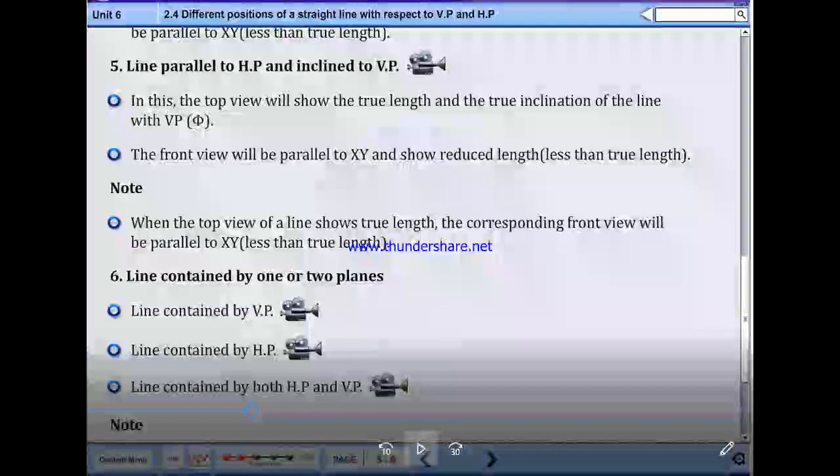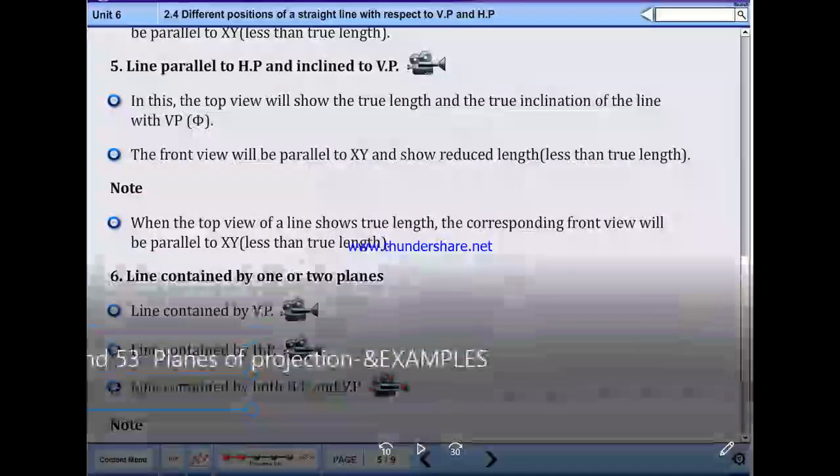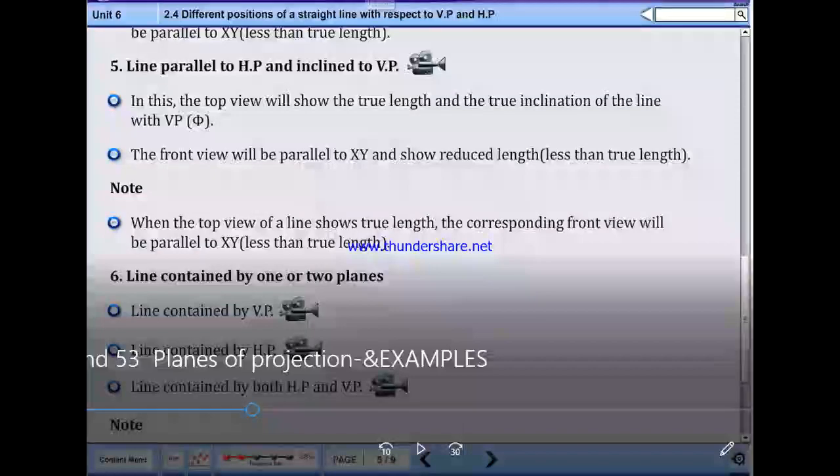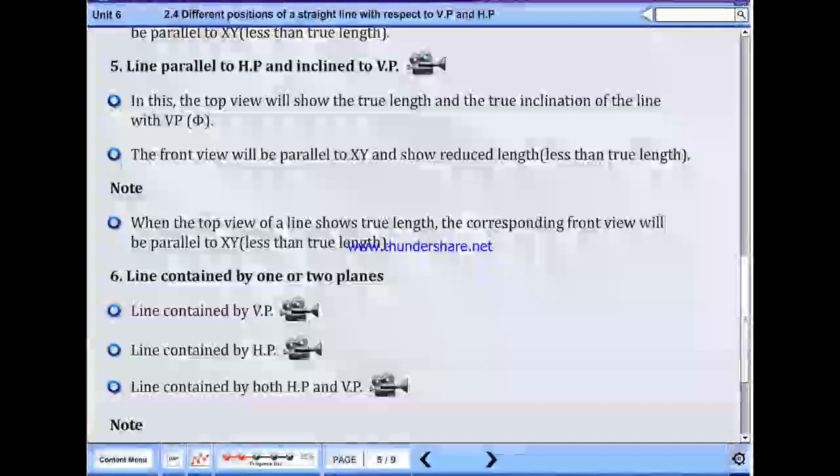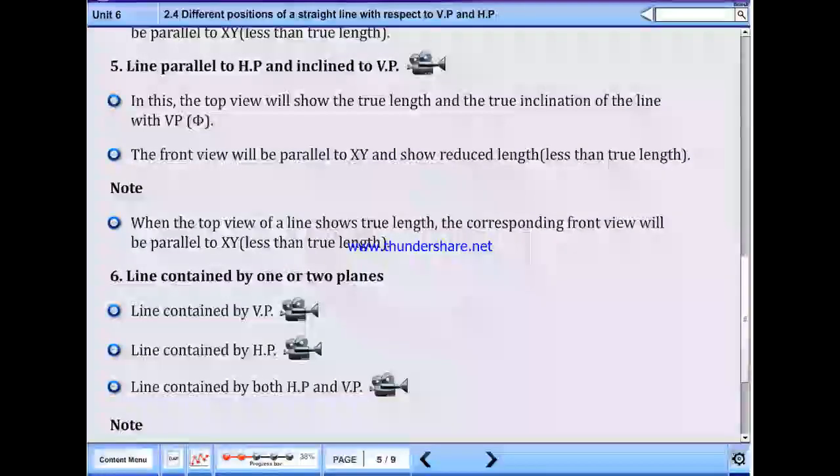Now, from the fifth point, note down: line parallel to HP, inclined to VP. In this, the top view will show true length and its true inclination of the line with VP, that is phi.